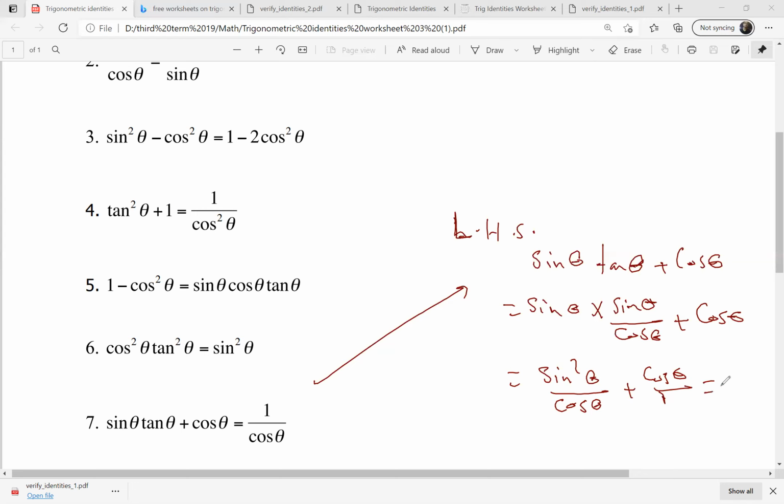So you can make common denominators, which is cosine theta. Cosine theta times 1 is cosine theta. Sine power of 2 theta times 1 equals sine power of 2 theta, plus cosine times cosine is cosine power of 2 theta. Sine power of 2 plus cosine power of 2 is 1. And the denominator is cosine theta as in this one.